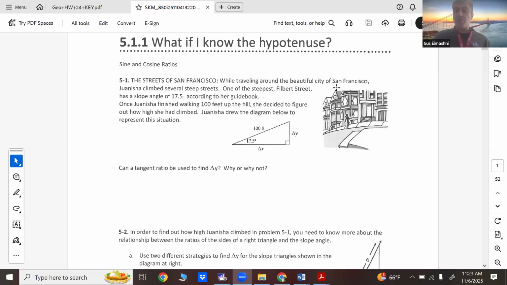Okay. Can a tangent ratio be used to solve this? The answer is no. And why not? You don't know opposite? Correct.